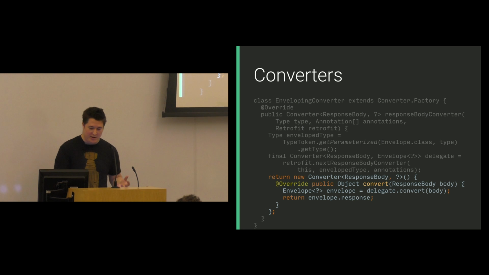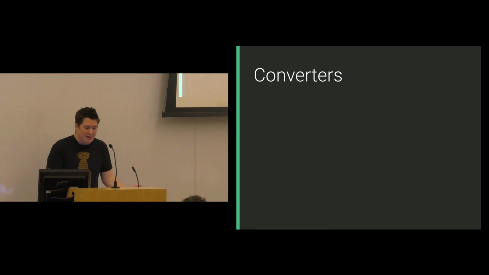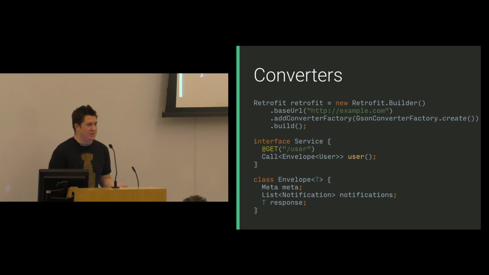And so we've created a converter which allows us to define that user type in our interface, the type that we care about, the type that our code wants to interact with. But the type that's actually being deserialized into is envelope of user. We just never see that. So we've hidden this implementation detail of the API inside Retrofit instead of leaking it everywhere into your app.